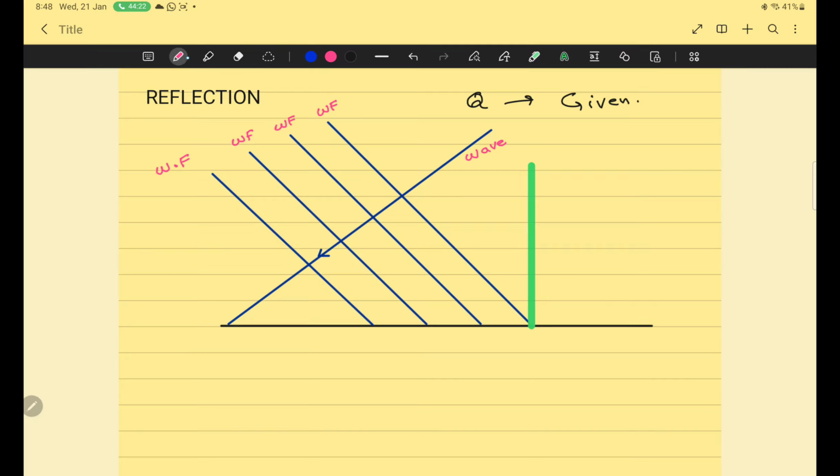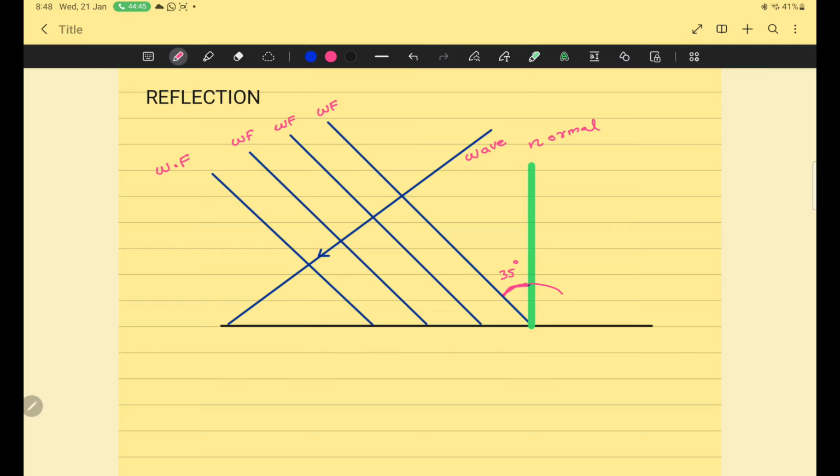First we will draw a normal at the edge of the given wavefront and now measure this angle. Consider, sir, this angle is 35 degrees with the normal.